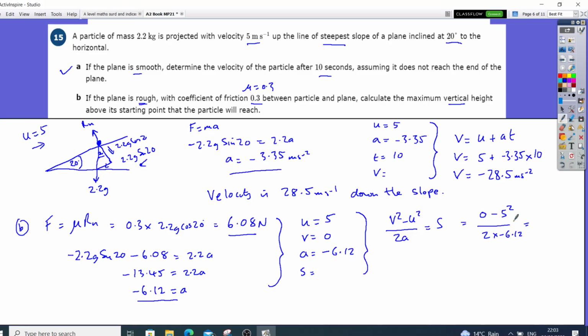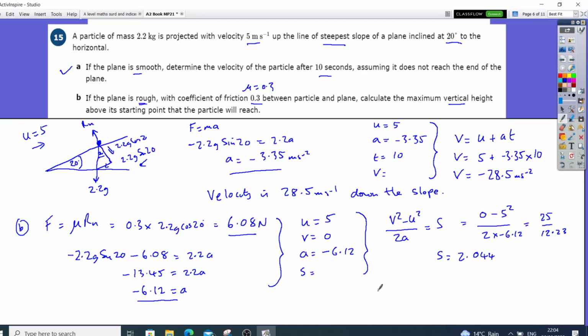The two negatives cancel, so you're going to get 25 over 12.23. So s ends up being 25 divided by that, which is 2.044. So it's gone up the incline by 2.044.